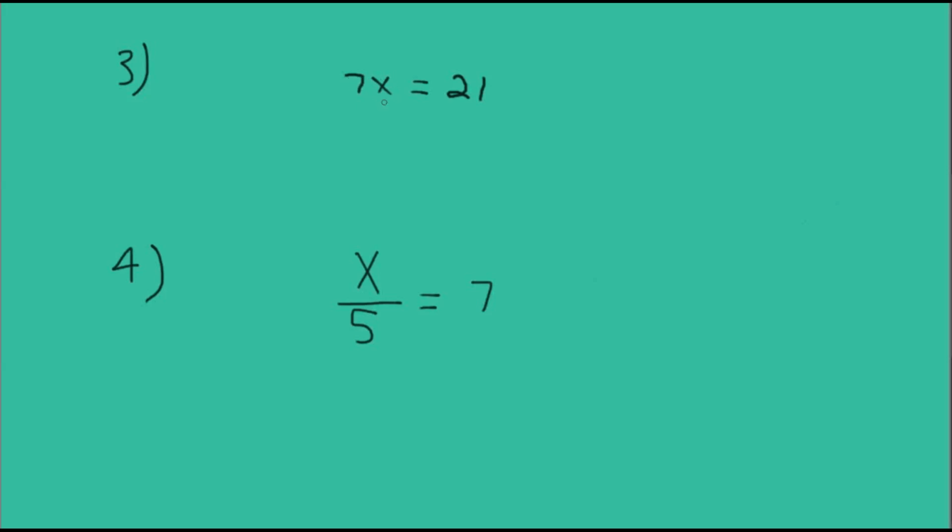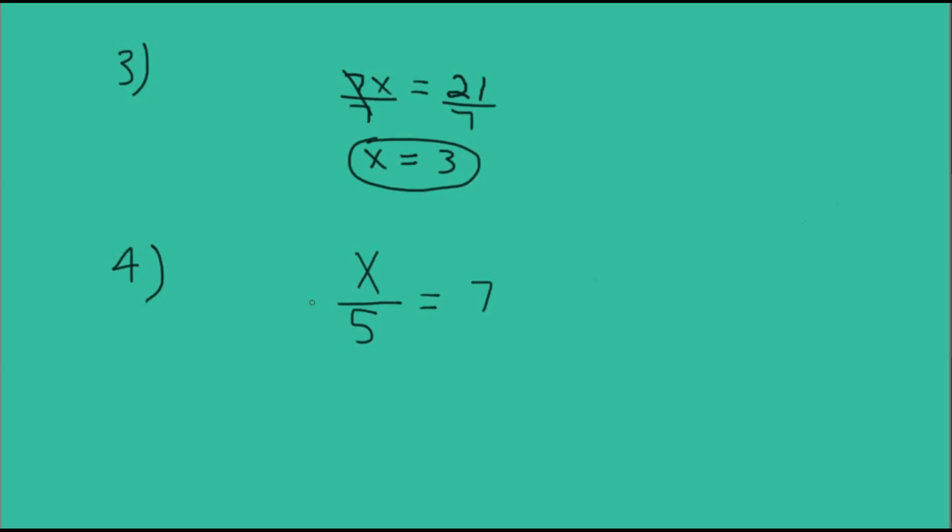We're going to have to do the opposite of multiplication to find out what x is. So we're going to divide both sides by 7 to get rid of it from this side. So now we have x, and 21 divided by 7 is equal to 3. So now we have x is equal to 3.